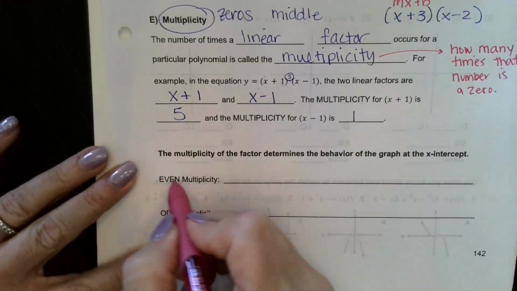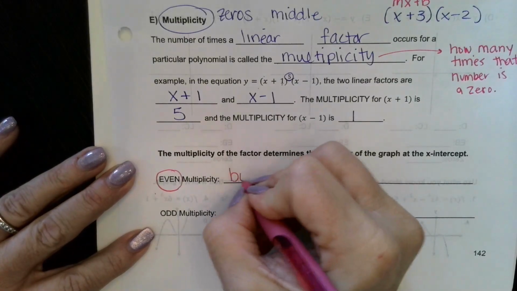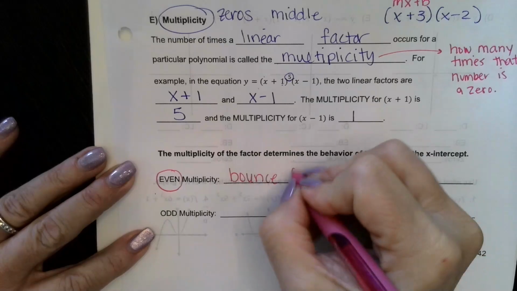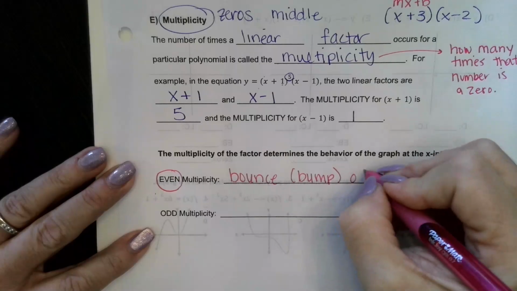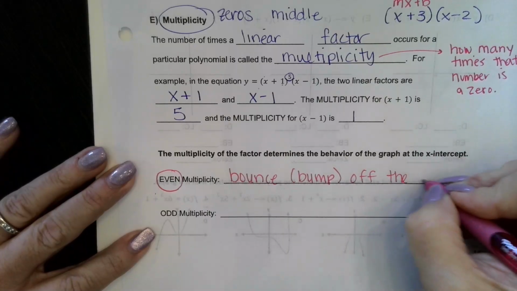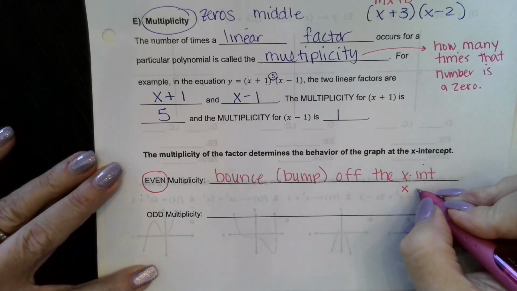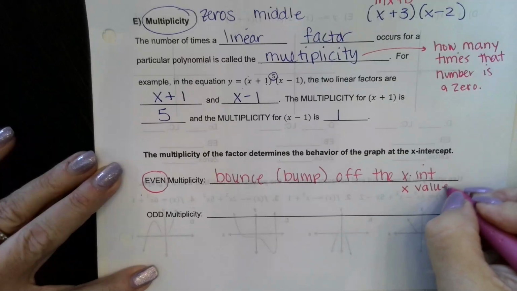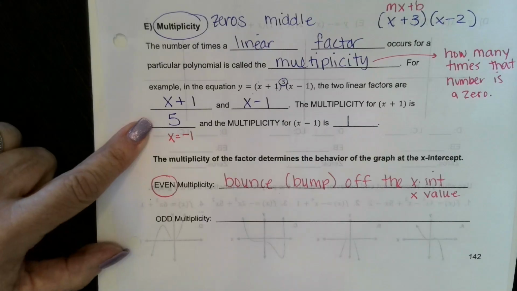So if we have an even multiplicity, then we're going to bounce, and sometimes you're going to hear me say bump. We're going to bounce or we're going to bump off the x-intercept. And this x-intercept is going to be that x value. So here, my x equals -1, right?